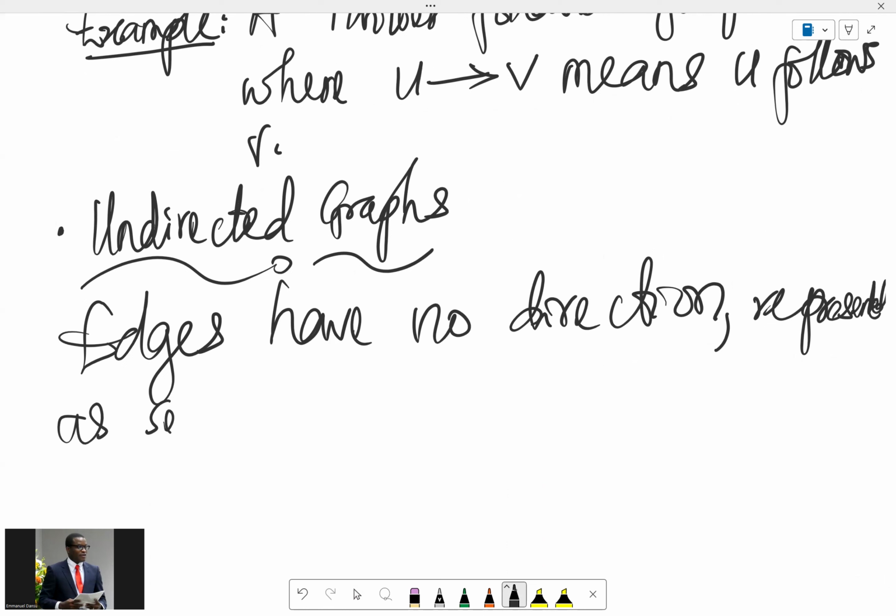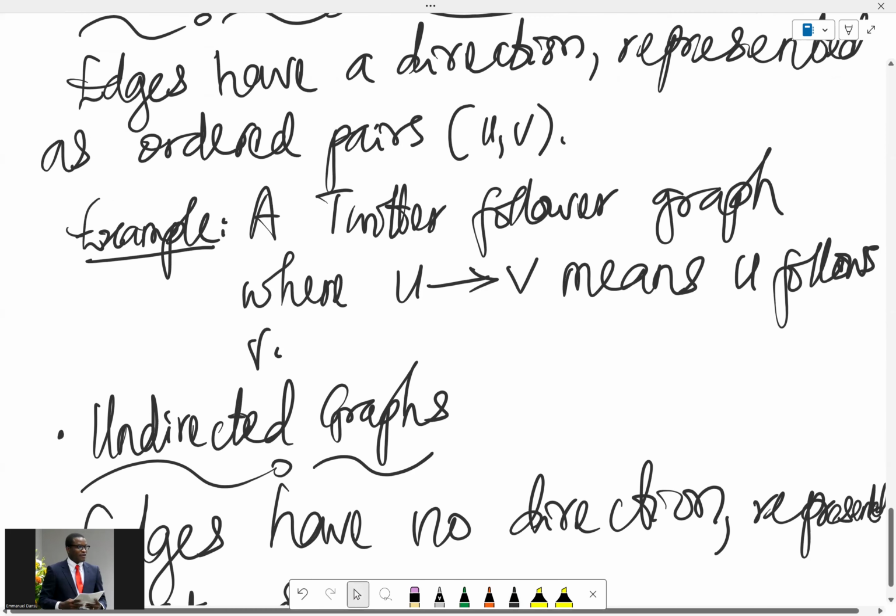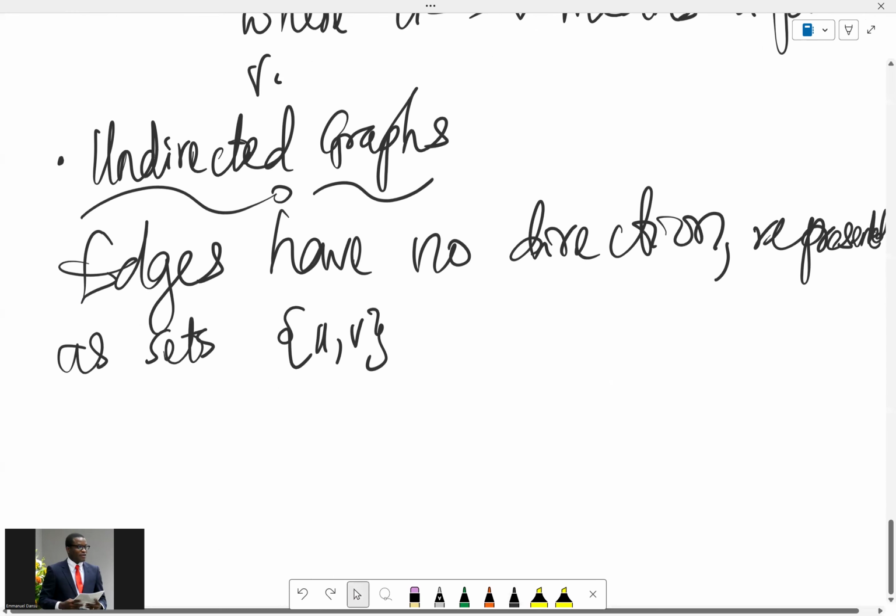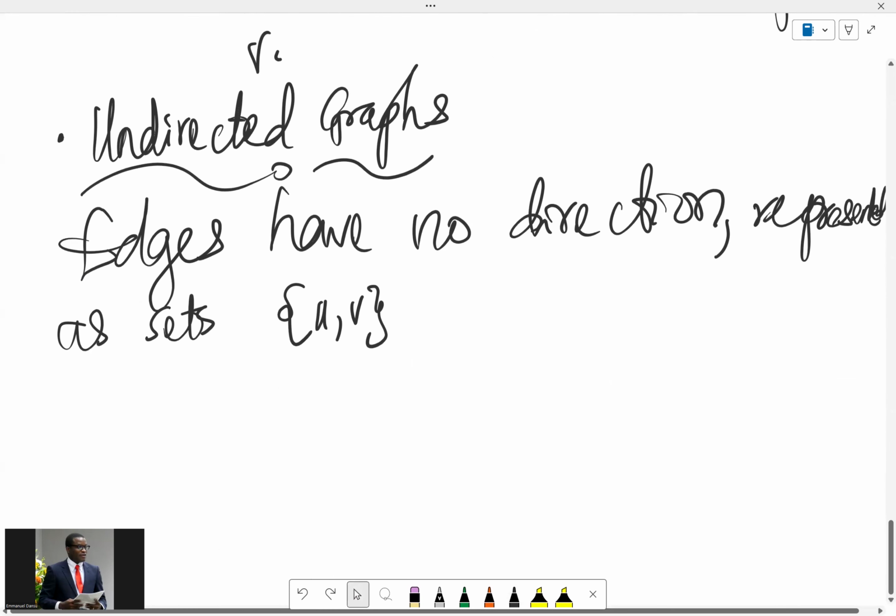That's really important. That's set {U, V}. The other time it was ordered pair (U, V), so it follows an order. But here they are just sets. So edges have no direction and are represented as sets {U, V}.